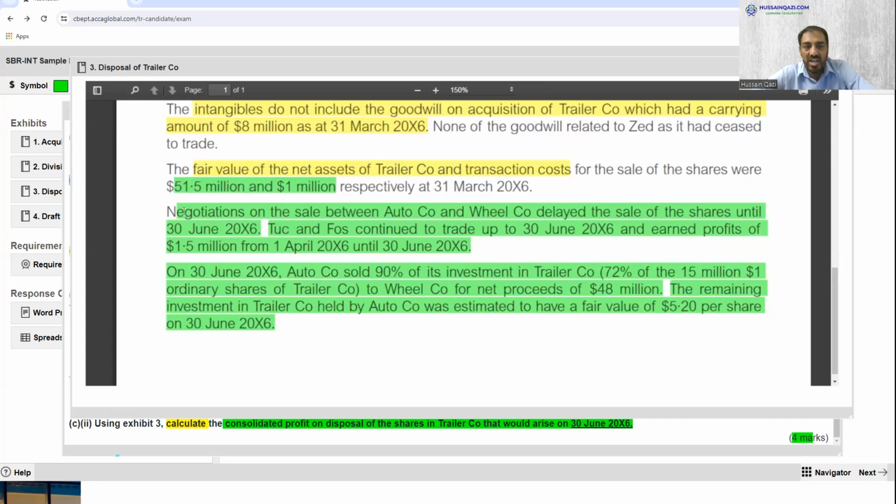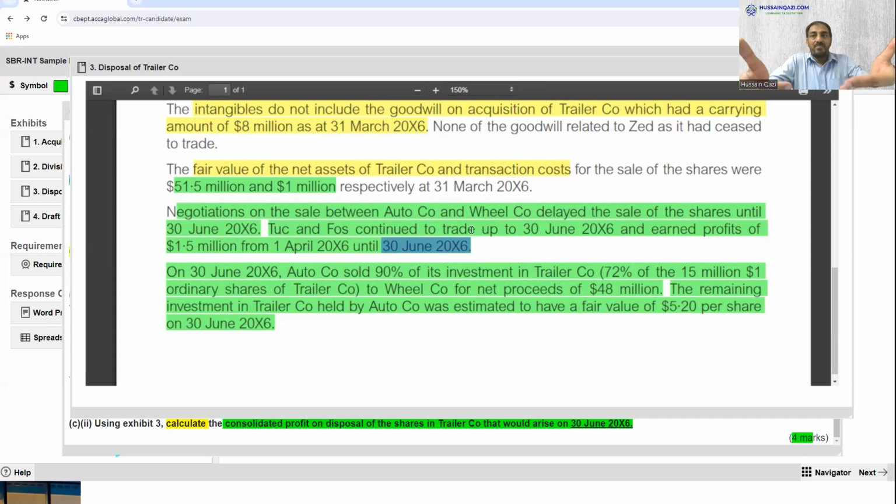Further, negotiation on sale between Auto company and Wheel company delayed the sale of the shares until 30th June X6. Trailer continued to trade until 30th June X6 and earned profit of 1.5 million from 1st April X6 until 30th June X6. So that means Trailer at reporting date was not yet disposed.